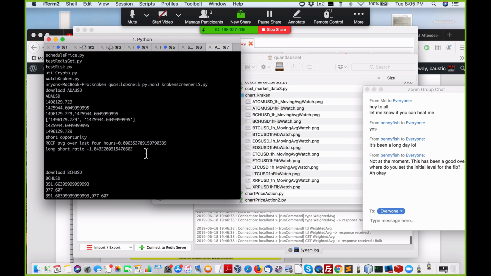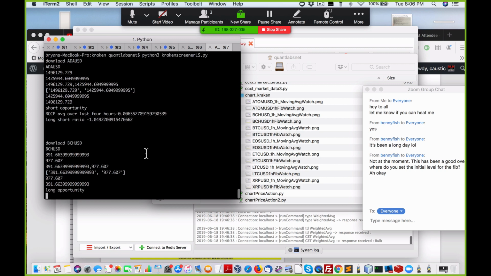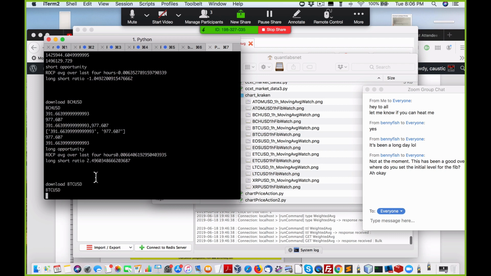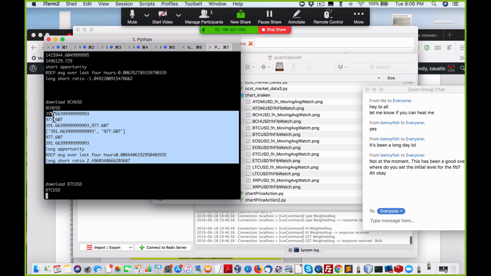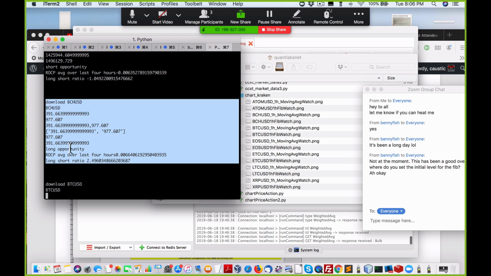So I can either short it or long it if I want. But right now, what I'm after is performance, the best performers out of the lot, and that's what the Fibonacci's give as well. But I do give this data as well, and it gets updated every hour. And as you can see here, this is for Bitcoin Cash, and it does the same thing, the bid ask.